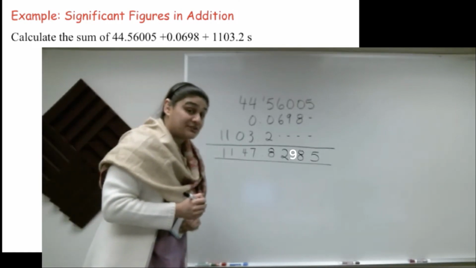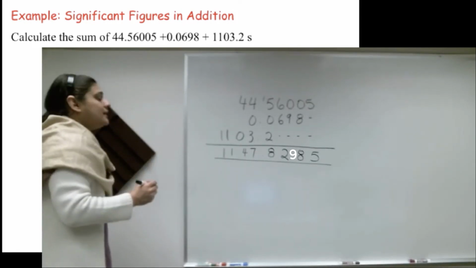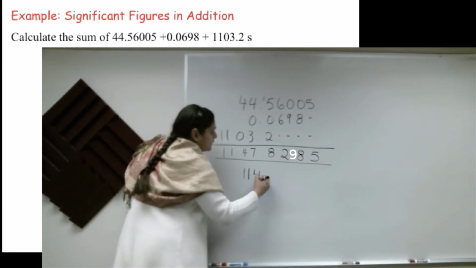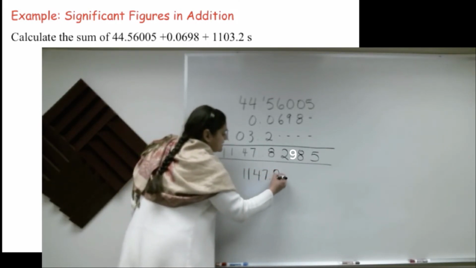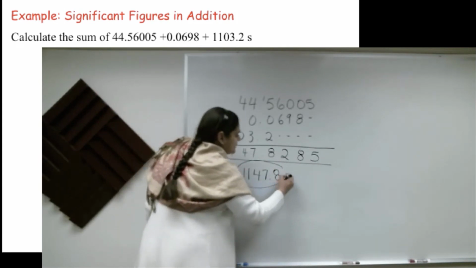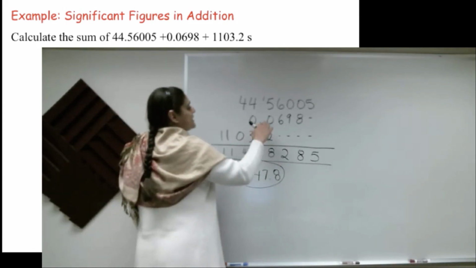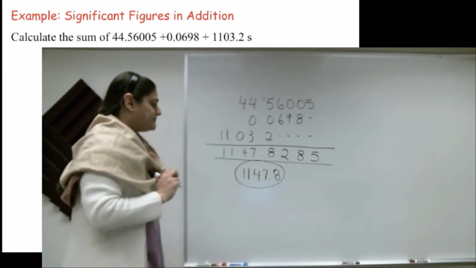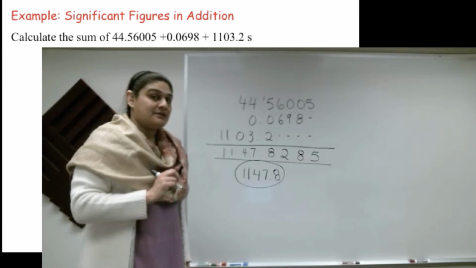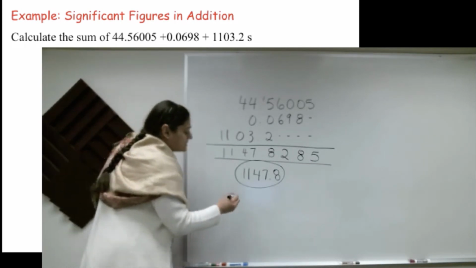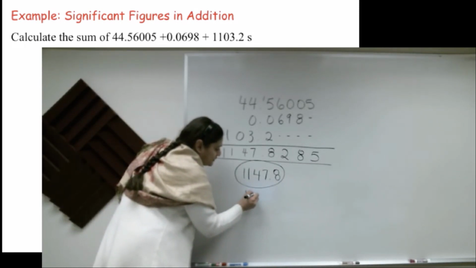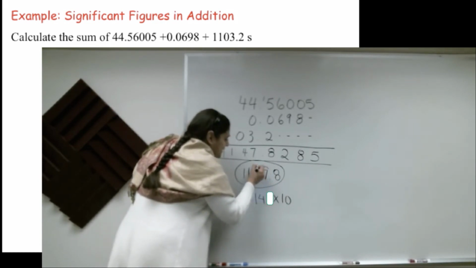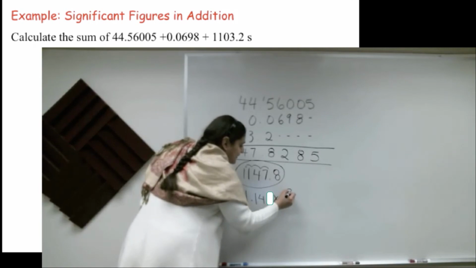But is this my real answer? No, my real answer is actually 1147.8. And why am I so sure that this is my answer? Because of all the significant figures I have. Okay? And in scientific notation, it will be expressed as 1.1478 times 10 to the 3.